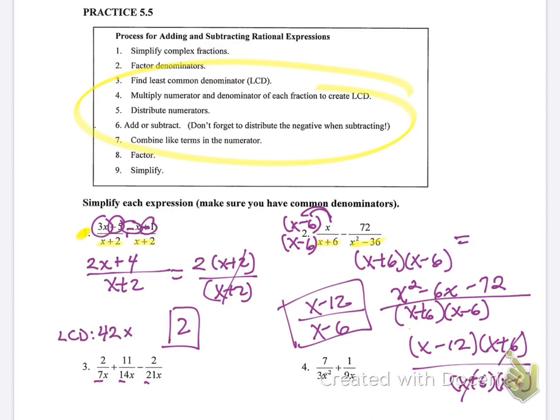They all already have an x, so I don't have to worry about that, but I do have to get them to have the same number. So how do I turn 7 into a 42? I have to multiply it by 6. If I do it to the bottom, got to do it to the top. How do you turn 14 into a 42? You have to multiply by 3 on bottom and on top. And then turn 21 into 42, multiply by 2 on bottom and on top.